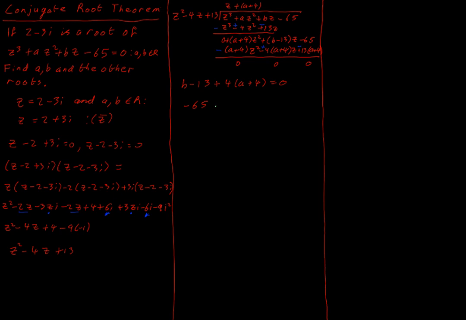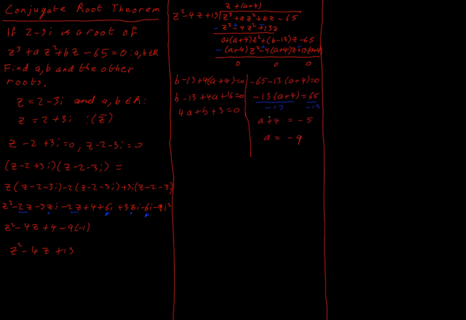Minus 65 minus 13 on a plus 4 is equal to 0. And I can simplify both of these down. And I'm going to rewrite them in columns for us now.